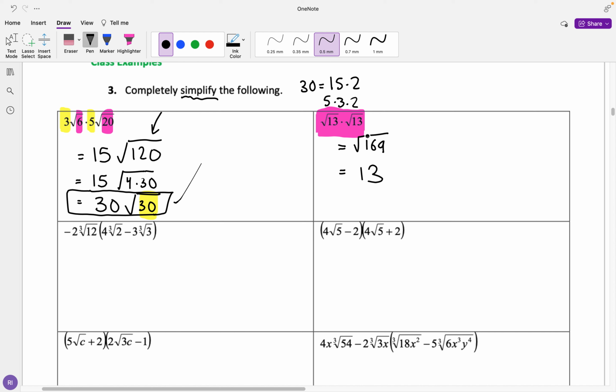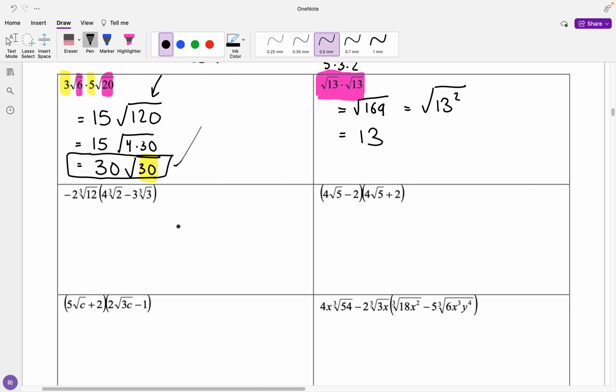And you can do the square root of 169. I could even write it this way. The square root of 13 squared is 13. So it's sort of like the radical cancels out. Not maybe the best way to say it, but that is in essence what is happening.